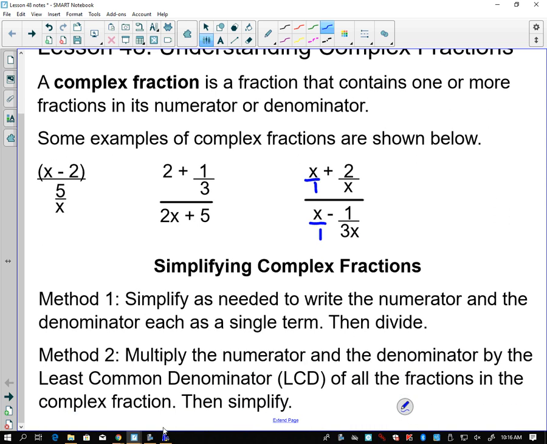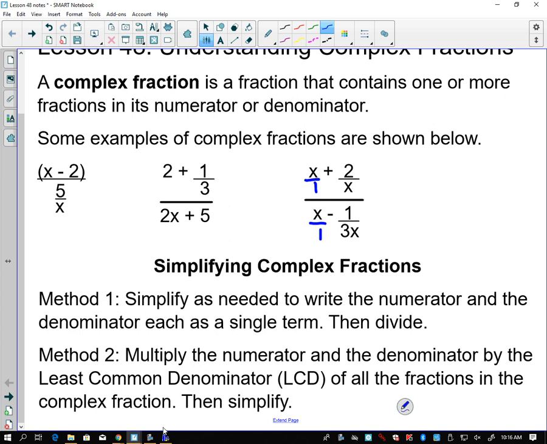So method 1: simplify as needed to write the numerator and the denominator each as a single term, then divide. And that's what we've done through there. Make sure that everything can be written as a single fraction in the numerator and a single fraction in the denominator. I think we showed that at least on the first two.